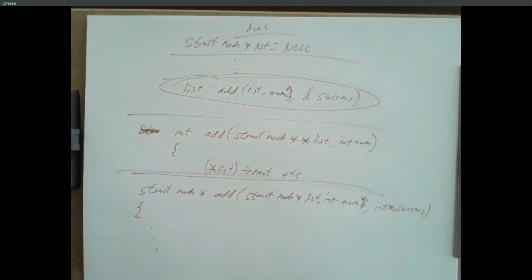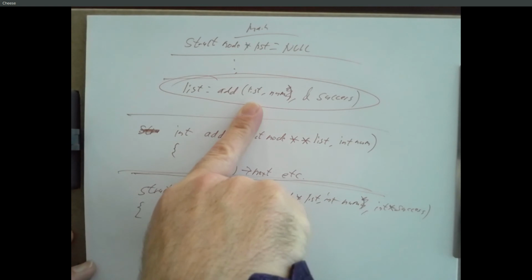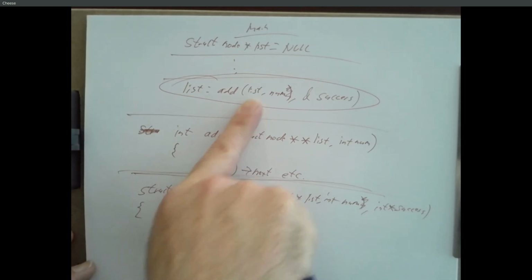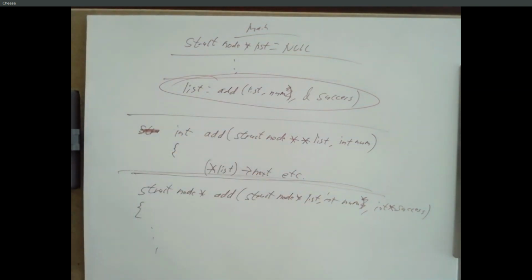And it's basically dealing with the case where we go from an empty list to a non-empty list. Same thing with delete. We might pass in the address of the first node, but if we're deleting the only node in the list, when we're done with delete, list should be null again. So we'd have to say list equals delete, list comma number. Okay, but we'll do this in our tree programs.